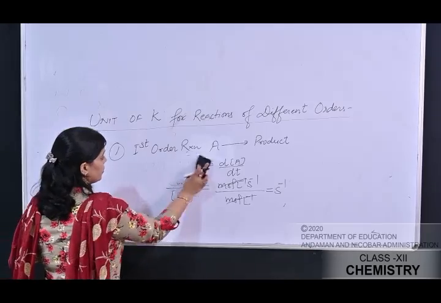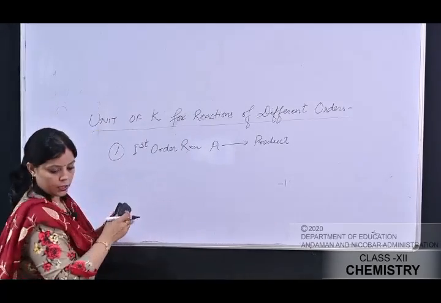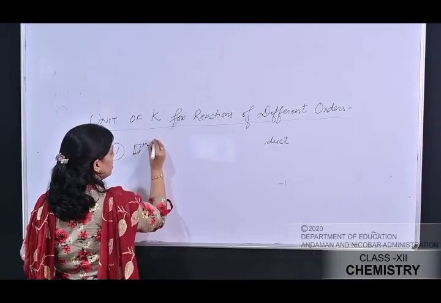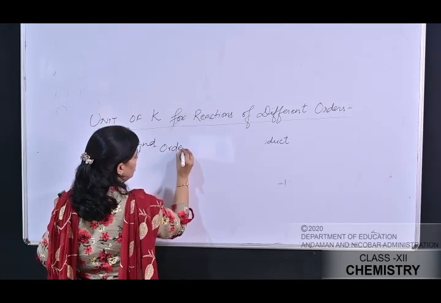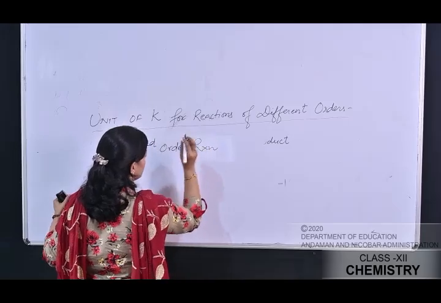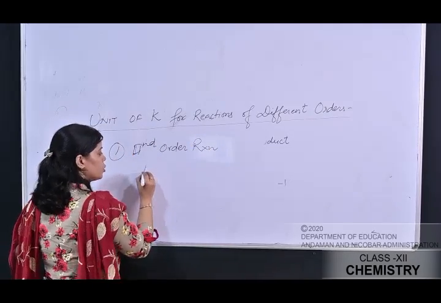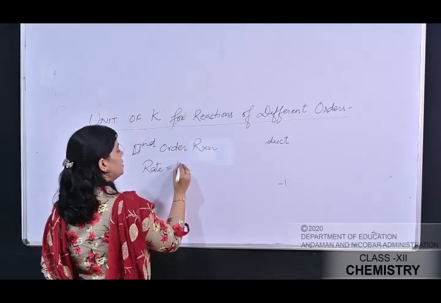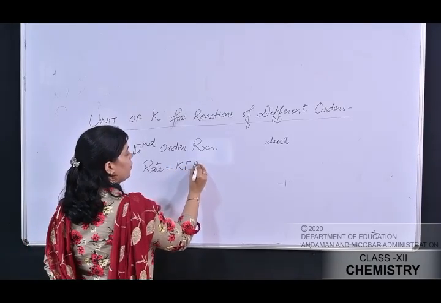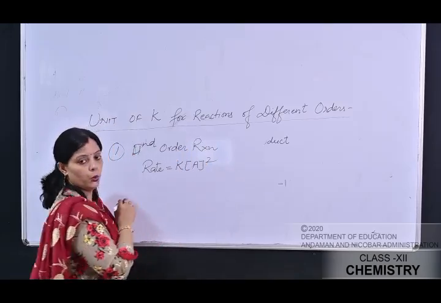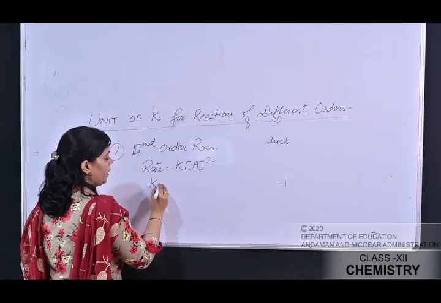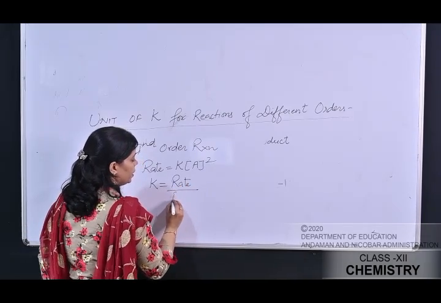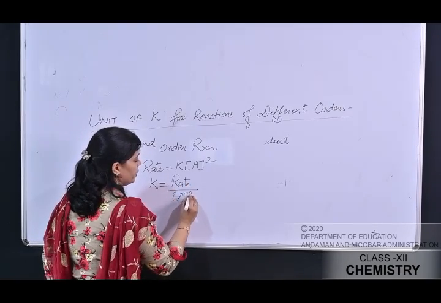After that, next is second order reaction. It means it follows second order kinetics. So the rate equation can be written as rate is equal to k concentration of A raised to power 2. Then what is the unit of rate constant? It is equal to the unit of rate divided by the unit of concentration raised to power 2.